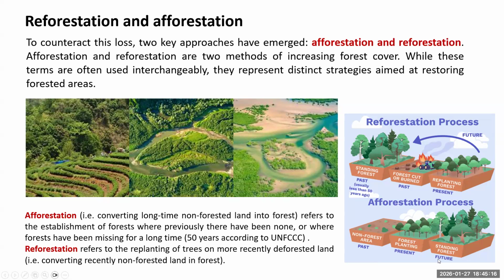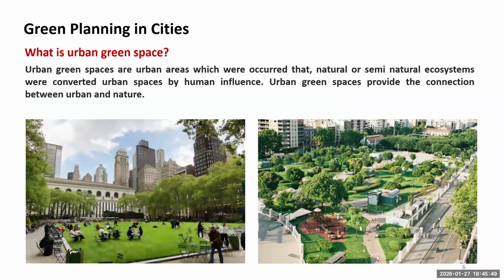Before talking about green architecture, we first learned more about green spaces, mainly forests. We understand that deforestation causes global warming, and we have two strategies to counteract this issue: reforestation and afforestation.